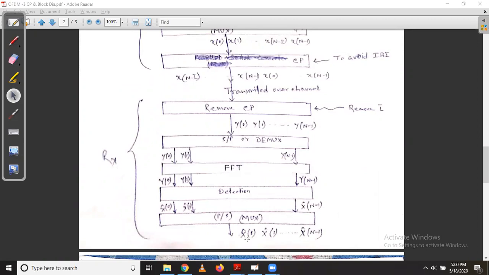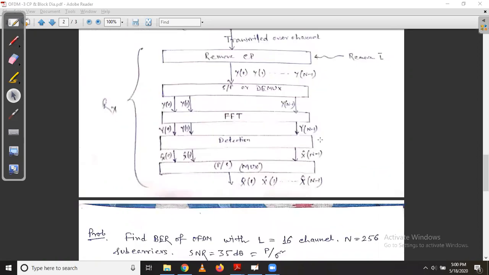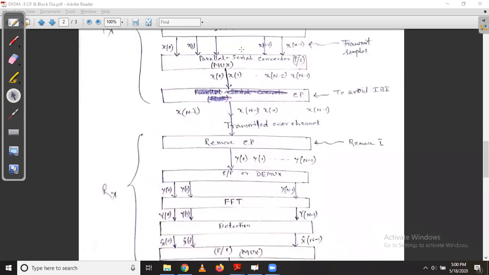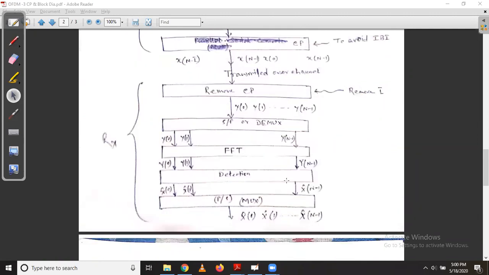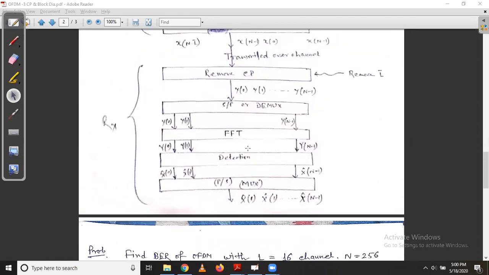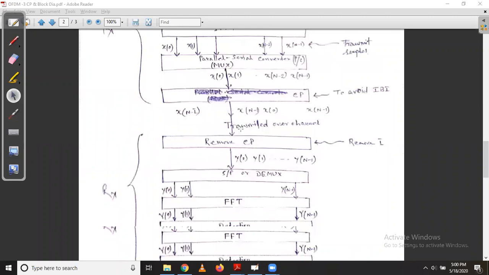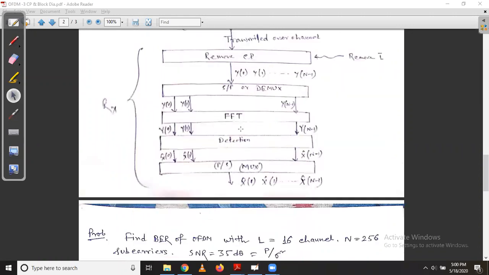Capital X is nothing but the symbols. That means we transmitted symbols capital X and received capital X as symbols. In between, symbols are converted into samples, and at the receiver side samples are converted into symbols using two processes, IFFT and FFT. Cyclic prefix is added at the transmitter side and removed at the receiver side. This is the explanation of the OFDM block diagram.